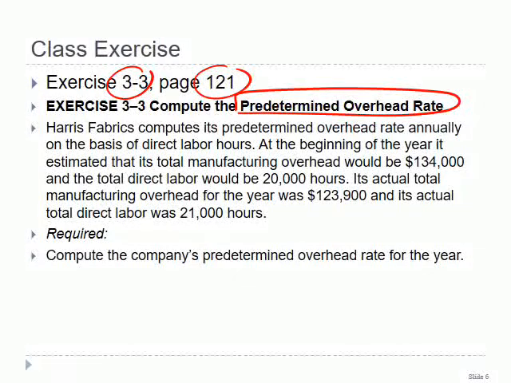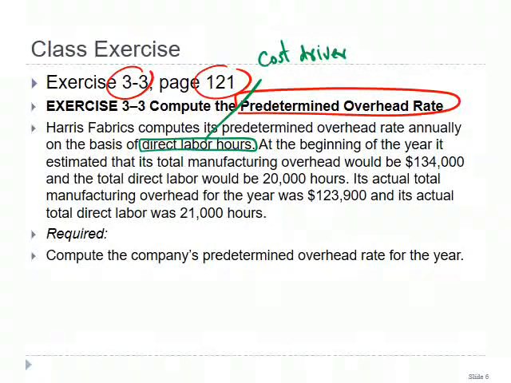Harris Fabrics computes its predetermined overhead rate annually on the basis of direct labor hours. So our cost driver that drives this manufacturing overhead is direct labor hours.